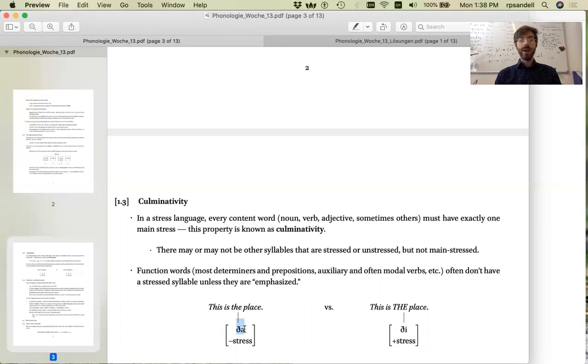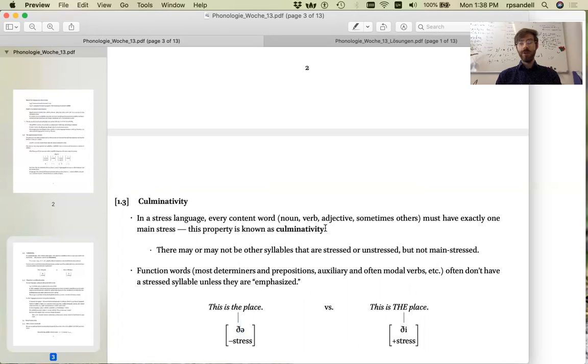So for instance, the English definite article, the, when it is unstressed, although we consider this to be a single morphological word, it doesn't have this property of requiring culminativity.